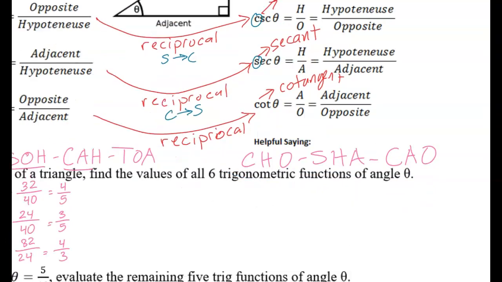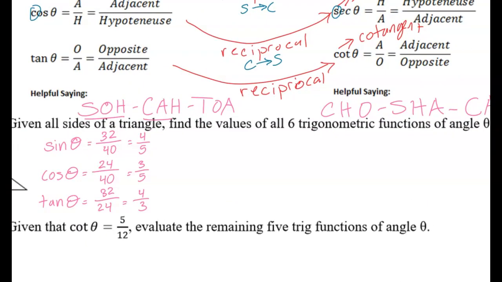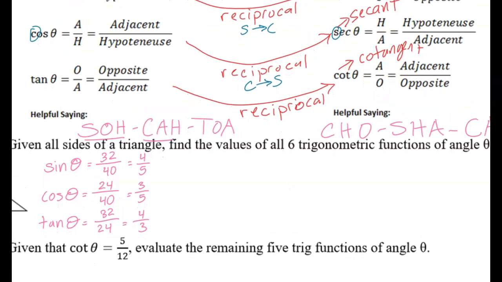So now that we know this about these secondary trig functions, let's go ahead and find cosecant first. So what do you think the ratio is for cosecant here? Yeah, 5/4.